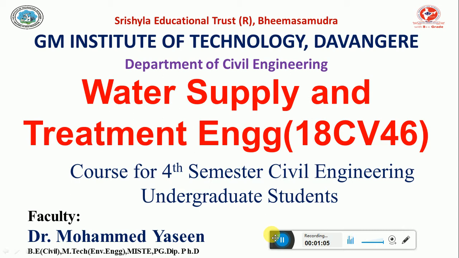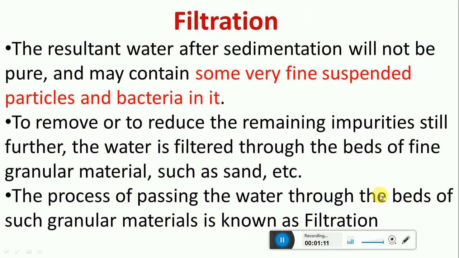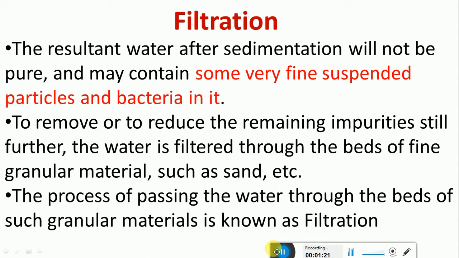Okay. So let us see what is meant by filtration, and what the different types of filters are. Filtration is the process done after the sedimentation process to remove very fine suspended particles and bacteria. That means in sedimentation we are not sure that all the impurities are removed.